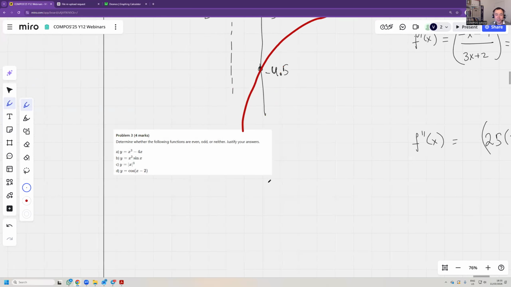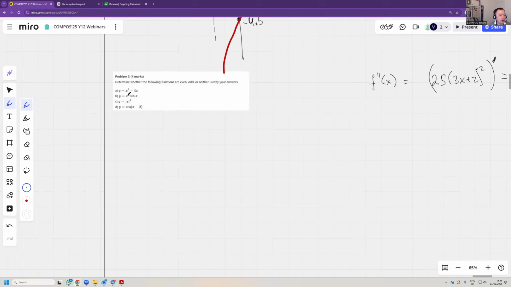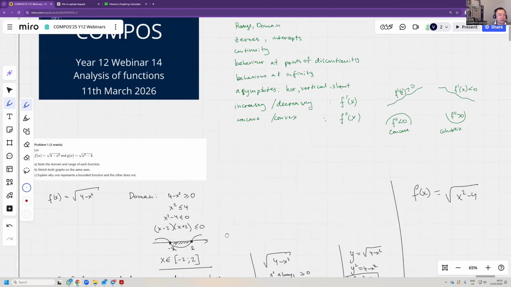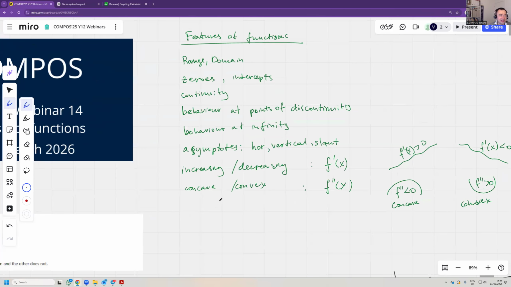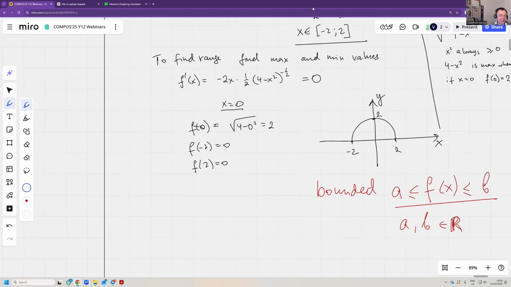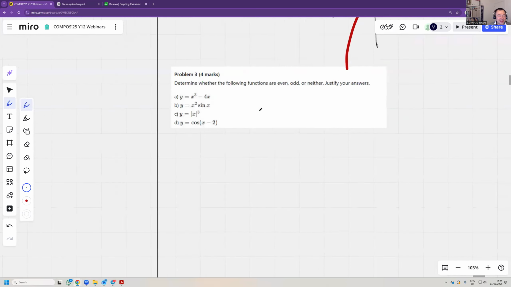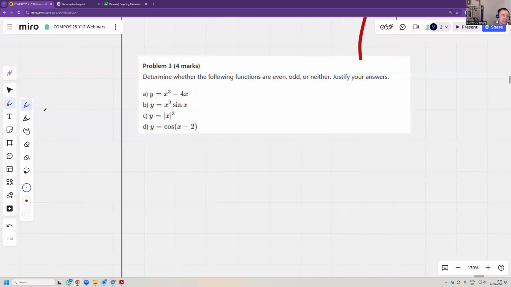Okay. Now let's look at these. Oh, of course, odd or even. I forgot about that. Behavior odd or even. Because when you arrange them in odd, even, that's the first thing you look at. Is it an odd function or an even function. Determine whether the following functions are even, odd, or neither. Justify your answers.